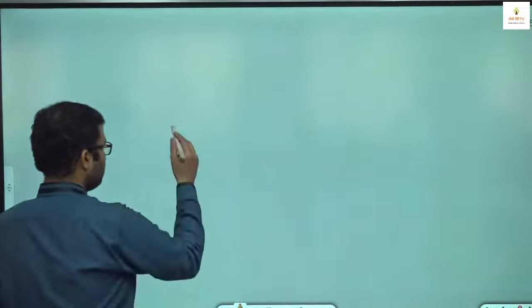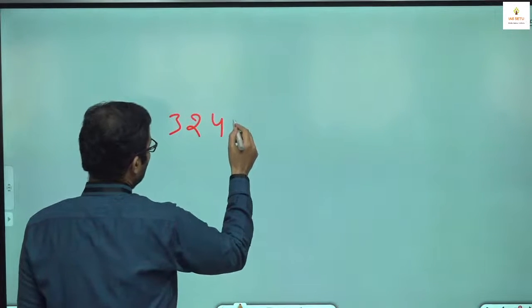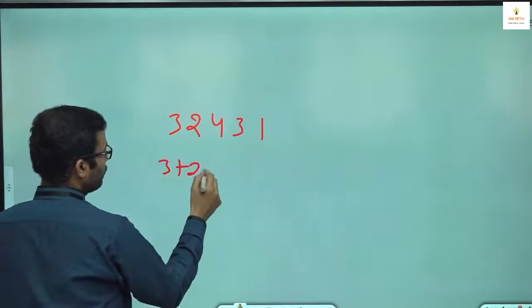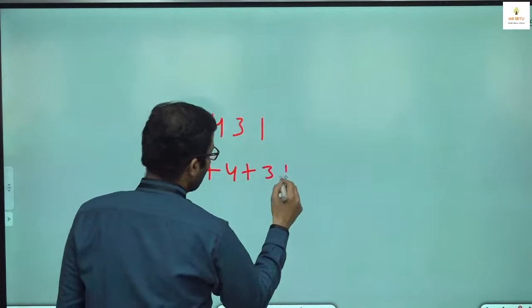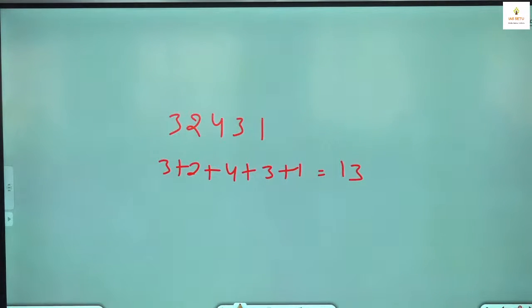Like for example, 32,431. So it is 3 plus 2, 5, 9, 12, 13. So if it is 13 divisible by 3, no. Then what is the remainder? 1.